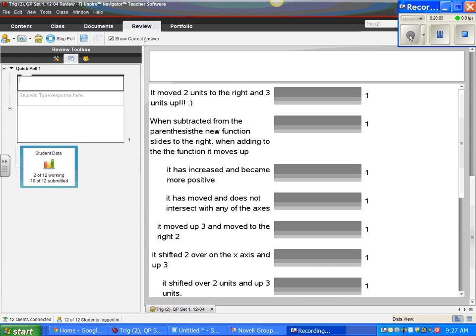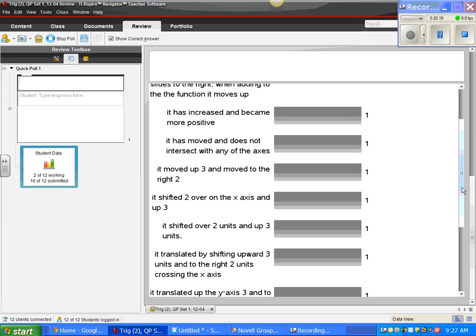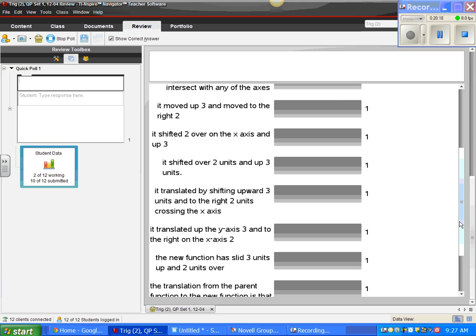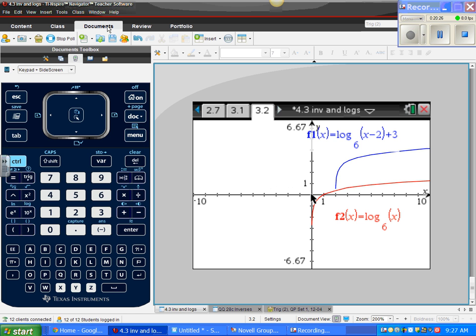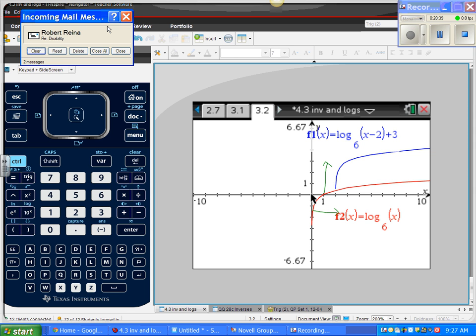It's shifted 2 over on the x-axis and up 3. Most of you have got it, right? You get what it's doing. So we have gone 2 units to the right and 3 units up. That's the translation. Got it?